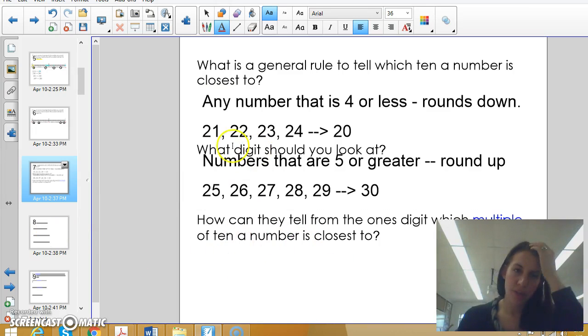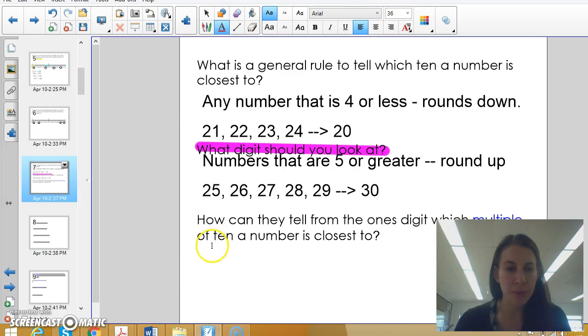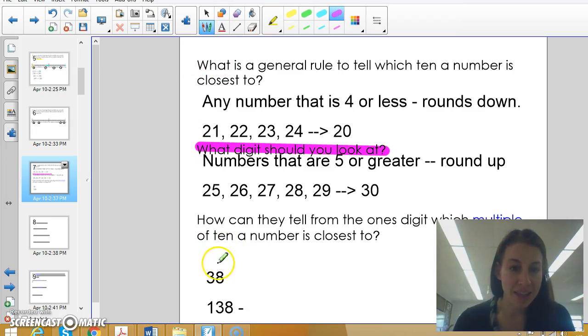So the question here says, what digit should you look at? Well, if we're rounding to the tens digit, so for example, if we're looking at 38 or 138, first you're going to look at the tens digit.